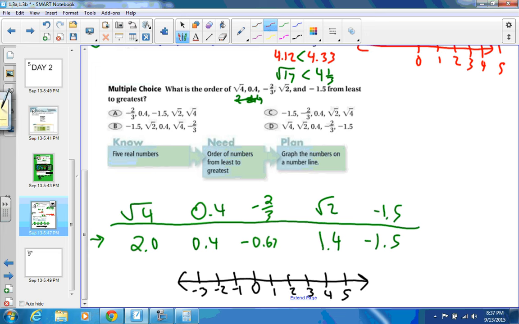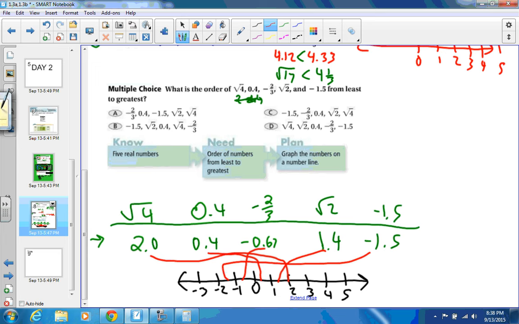Okay, so looking at this, we can move these things around to where they belong. So 2.0, well, maybe I'll just draw arrows for right now. 2.0 goes right to there. 0.4 goes right about there. Negative 0.67 would be right about there. 1.4 is right about there. And negative 1.5 is all the way over here.